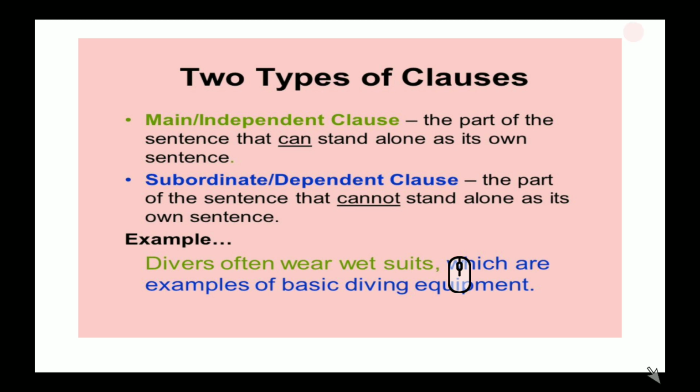Now for example, divers often wear wetsuits, which are examples of basic diving equipment. The first part of the sentence, before the comma, can stand alone. If that sentence was given, you can understand it; it doesn't need any more explanation.